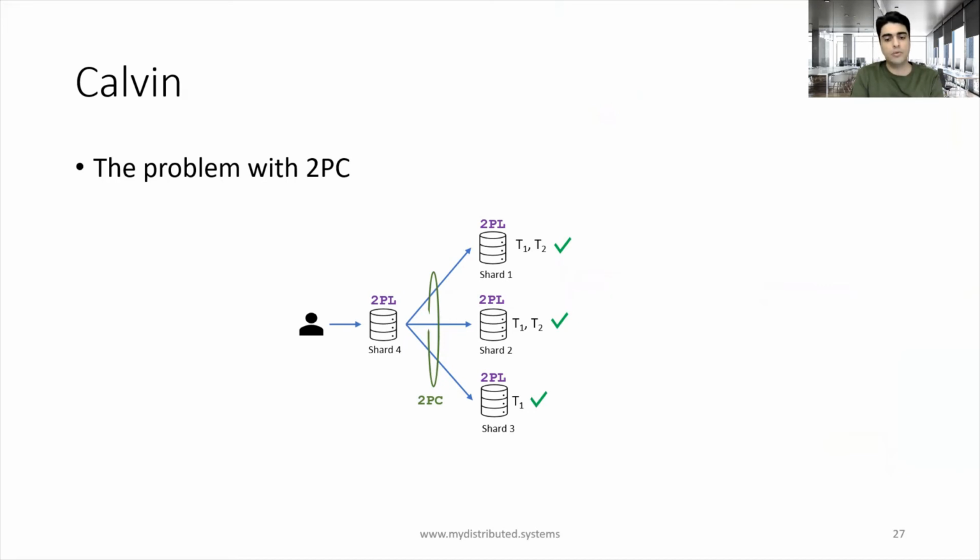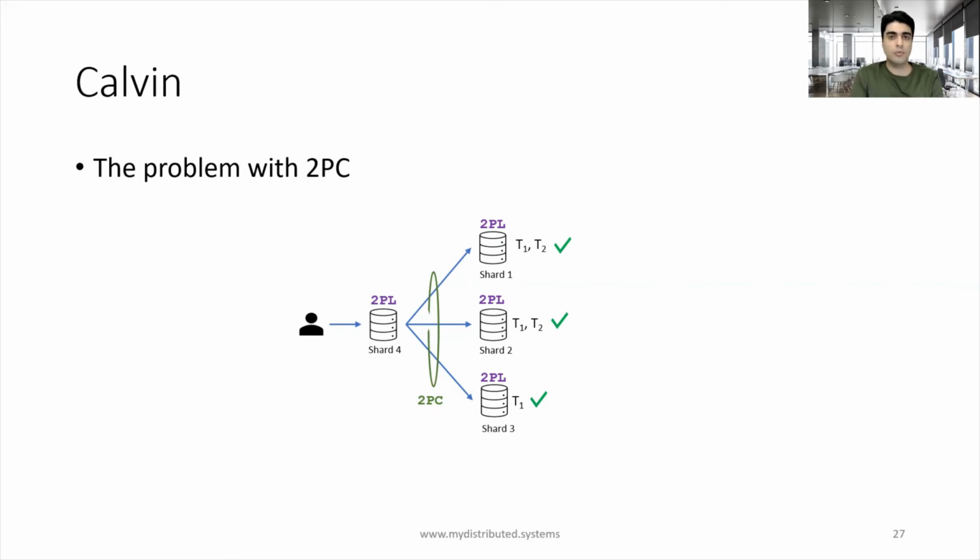So in a single node database, the transaction manager gets the locks and executes the transaction and quickly releases all the locks at the end of the transaction. But when we are running two-phase locking and two-phase commit, the shard cannot do that, and it must wait for the coordinator of the 2PC.